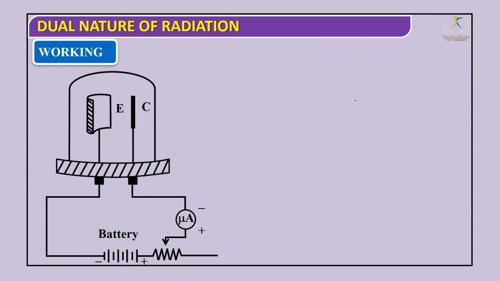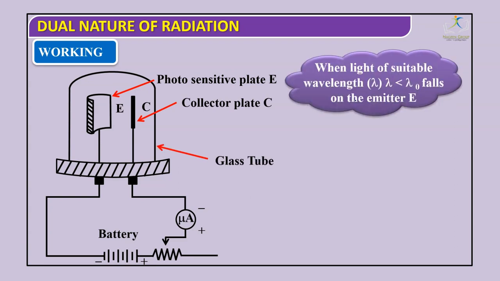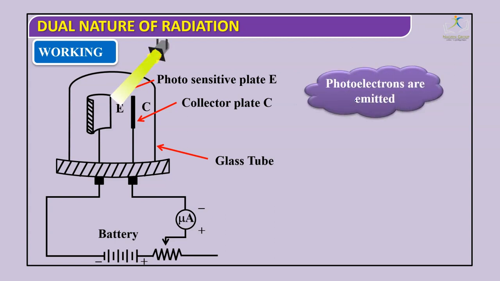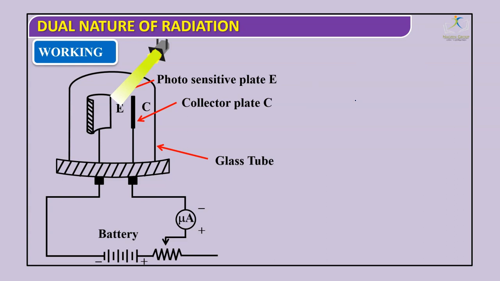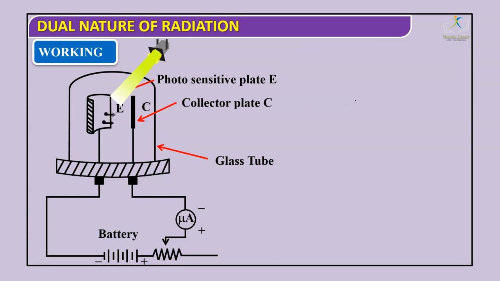Now let's move on to the working. I think students you are able to see the diagram completely. This is the photosensitive plate and this is the collector plate, in a glass tube. When light of suitable wavelength lambda, where lambda is less than lambda naught, falls on the emitter, photoelectrons start to be emitted. These photoelectrons are attracted towards the collector.